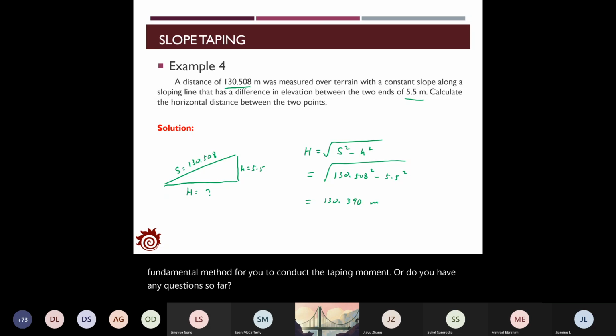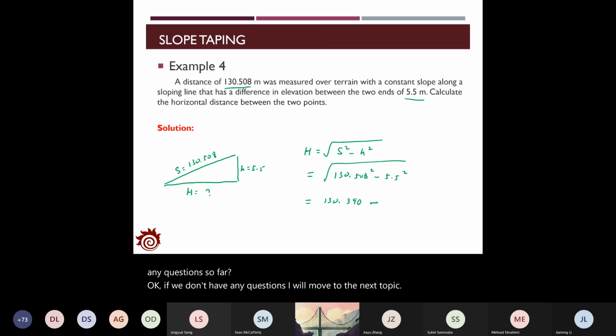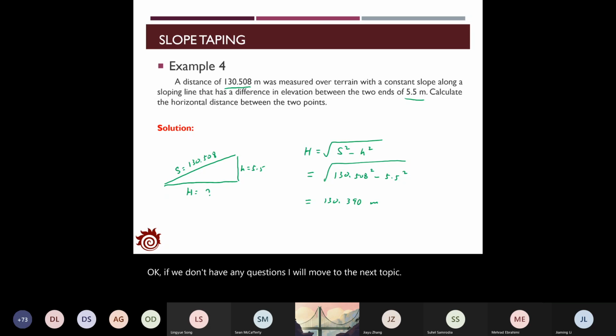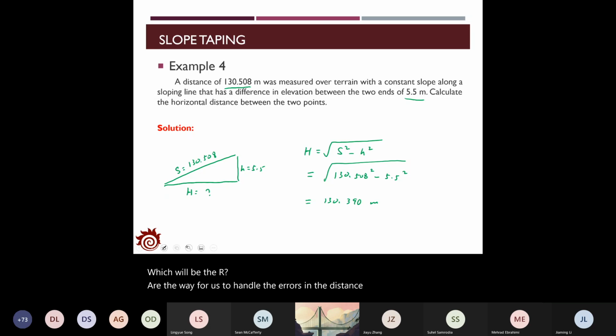Okay, if we don't have any questions, I will move to the next topic, which will be the way for us to handle the errors in the distance measurement. So I'm going to exit these slides.